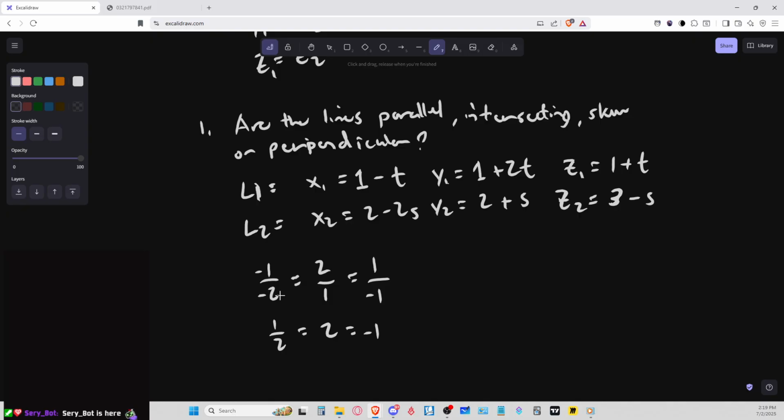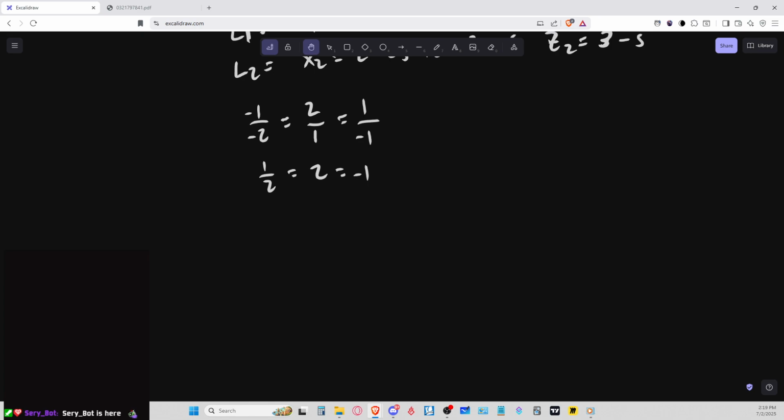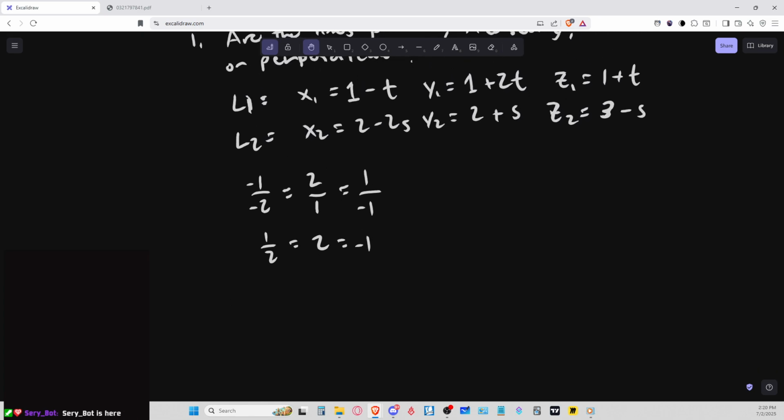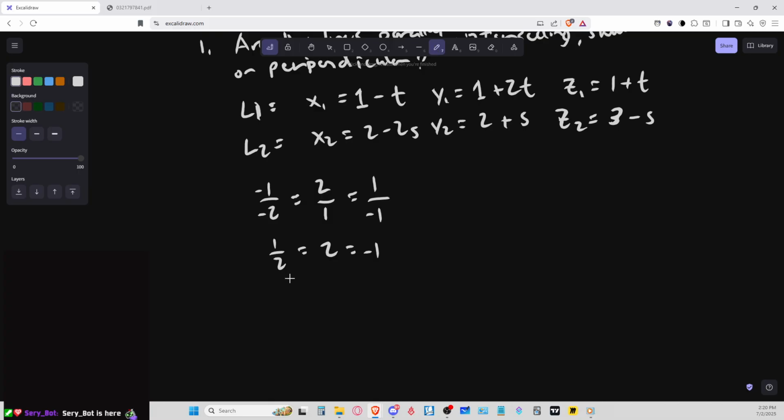They're definitely not parallel, so now we go on to our next step, just basically seeing if they intersect. So not parallel. That's probably the first test we should do because it's the simplest. Now let's see if they intersect. So we have to set each of them equal to each other by their components.